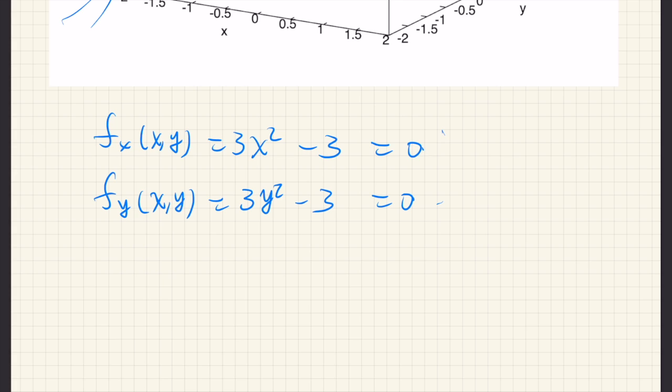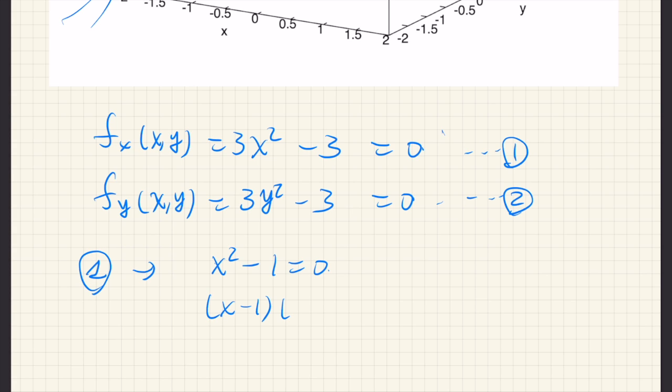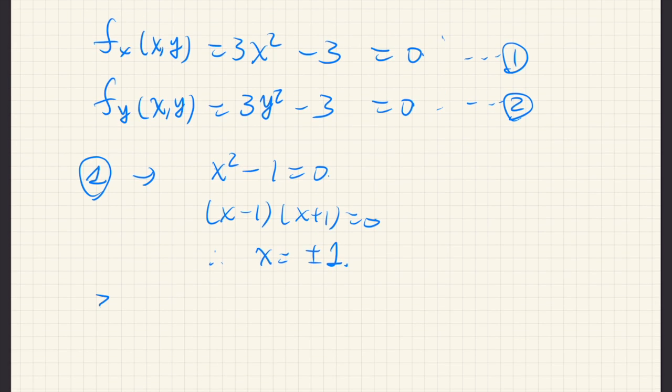If we solve the first one, we have x squared minus 1 equal to 0, (x minus 1)(x plus 1) equal to 0. Therefore, x is either positive 1 or negative 1. And similarly, from the second, we have y equals plus or minus 1.